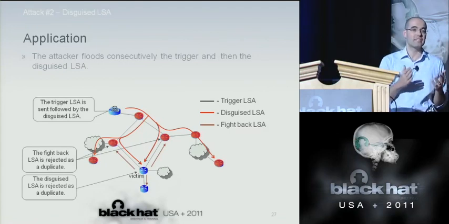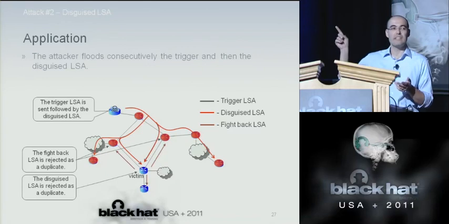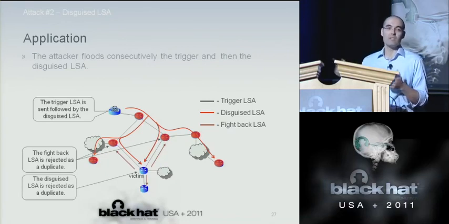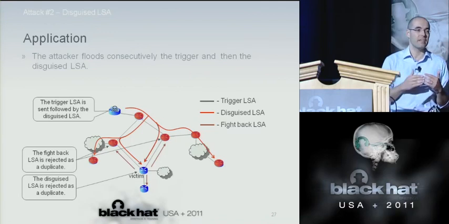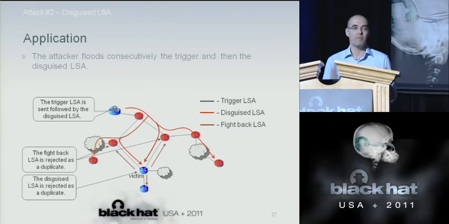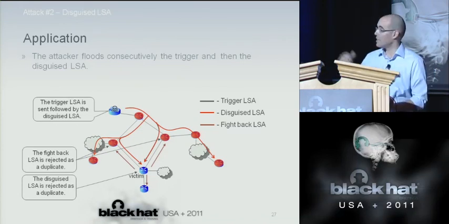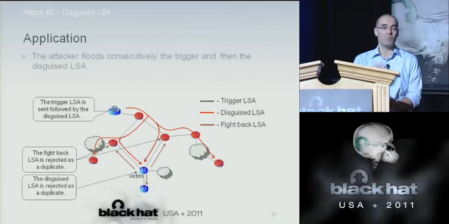Now, in this race, the attacker has the upper hand. The disguised LSA has the upper hand. Notice that the disguised LSA was triggered way before the fightback LSA. So indeed, it has a lot of time to propagate in the network before the fightback LSA is originated.